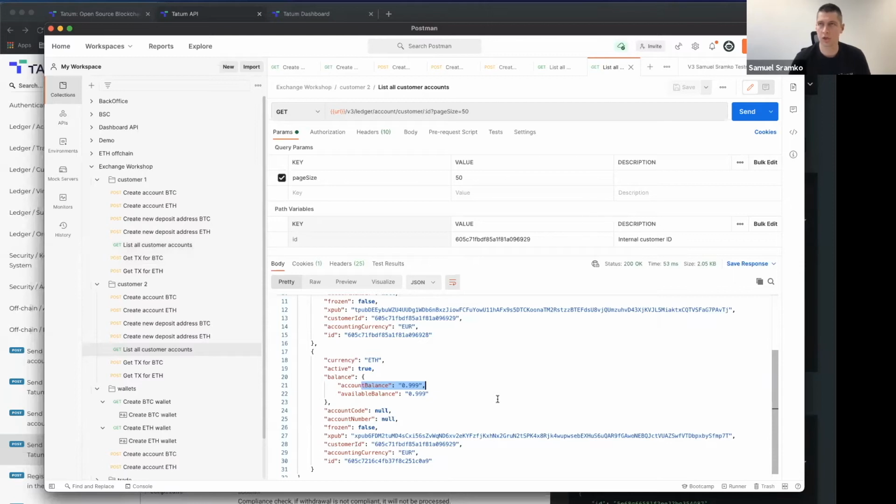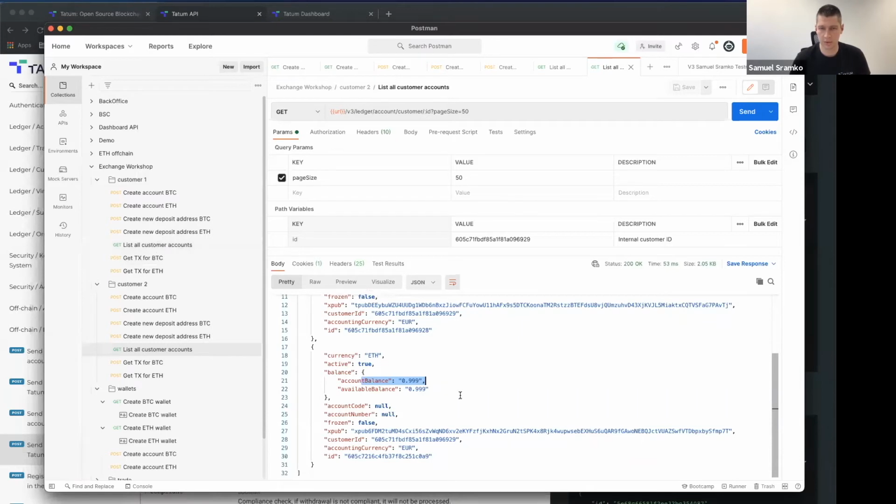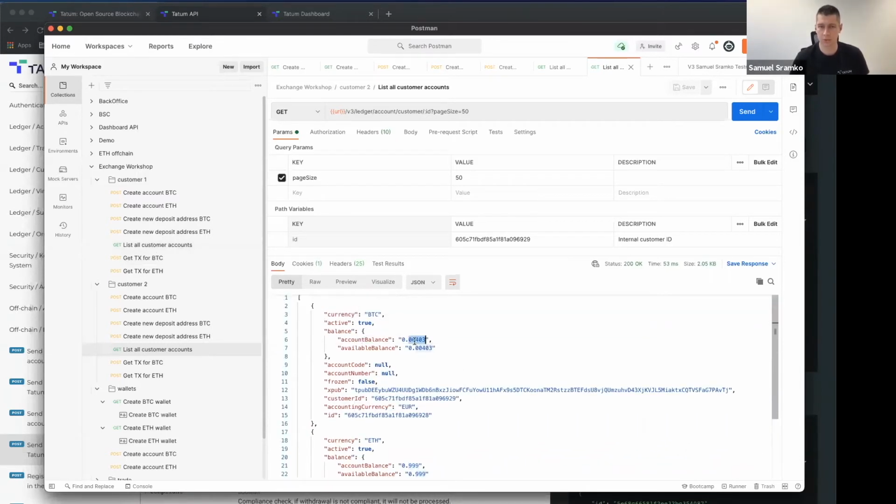So how many Bitcoins you have, how many Ethereums you have, and stuff like that. For that, we can leverage the list all customer accounts endpoint, where we show him all his accounts. We show him all the balances on these accounts, so the user can see what the status was.